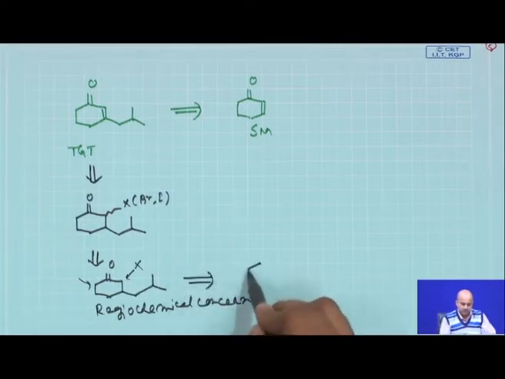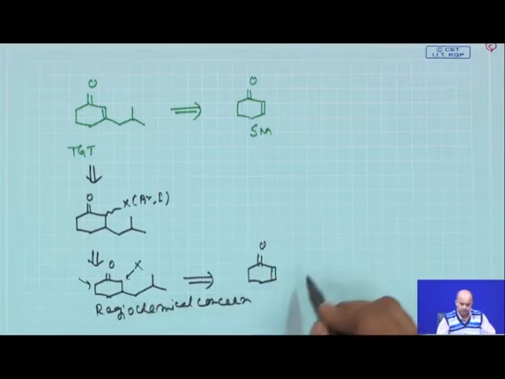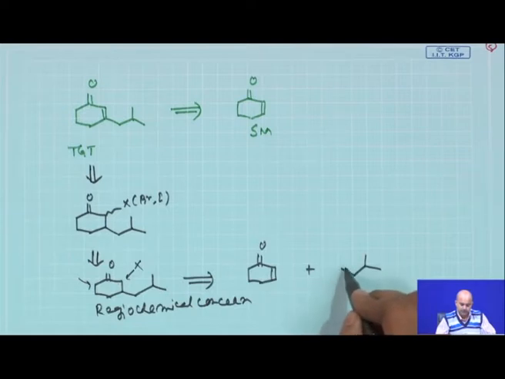Now, this compound, as I said, you can easily construct by a simple Gilman type addition, if you have this kind of copper lithium.